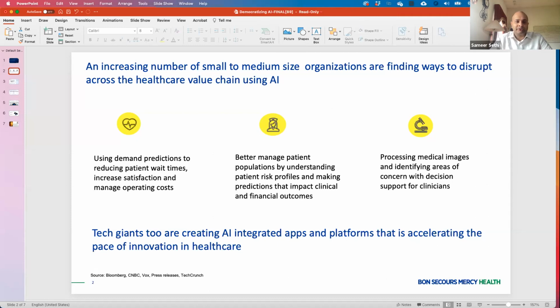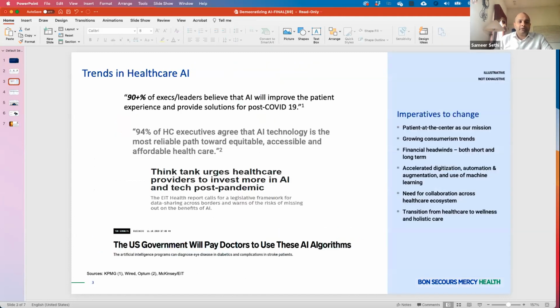Whether it be startups where we see a lot of movement, or tech giants who are doing quite a bit of work now, investing in healthcare IT technology, investing in AI, and also investing in apps. There's a substantial amount of energy and investment going into this space, and we are starting to see that resonate in both the public and private sector.